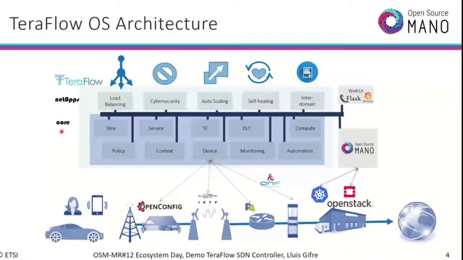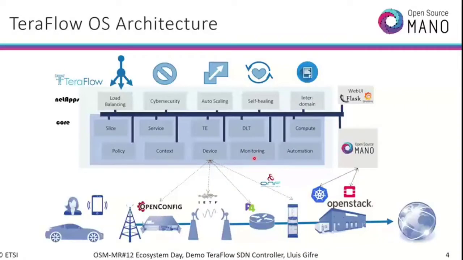One of them is the core group, which contains the main functionality of the controller, including things like the context management that stores the information about the different elements, resources, everything that is being managed by the controller. The device component is in charge of interacting with the different components in the infrastructure.